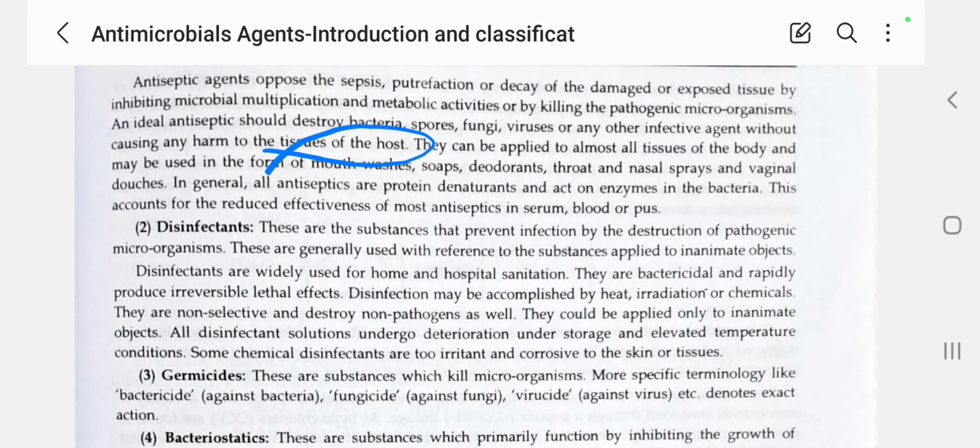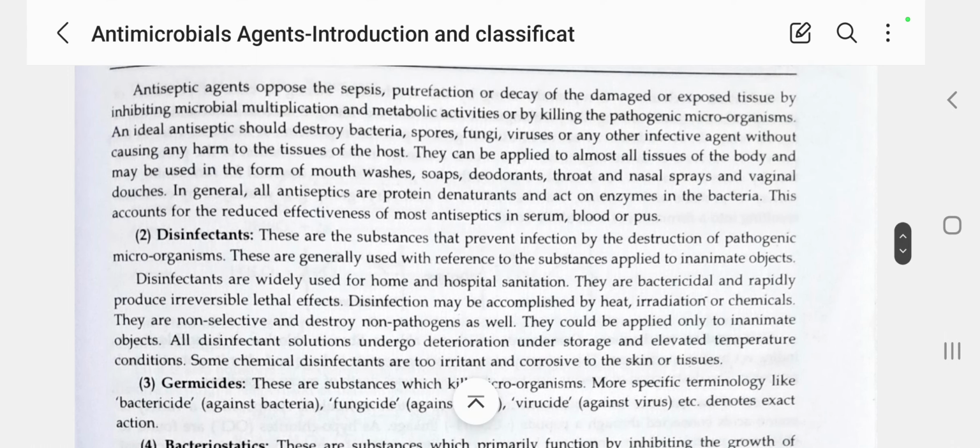So they can be applied to almost all tissues of the body and may be used in the form of mouthwashes, soaps, deodorants, throat or nasal sprays and vaginal douches.